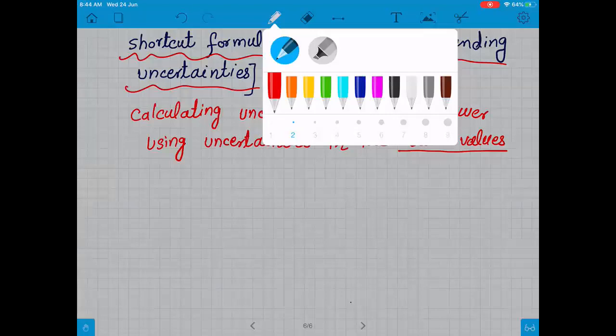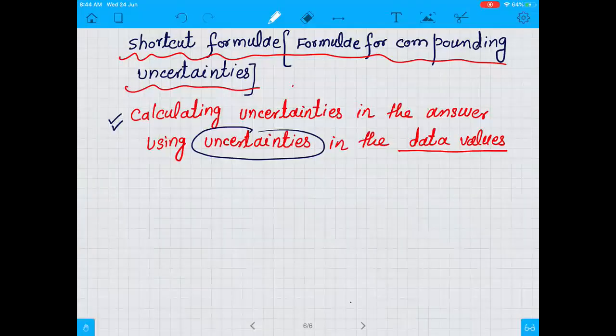Now in this part, we'll write formulae for uncertainties in terms of uncertainties. Like we'll write the uncertainty of the answer in terms of uncertainties in the given values. Now let's start this.